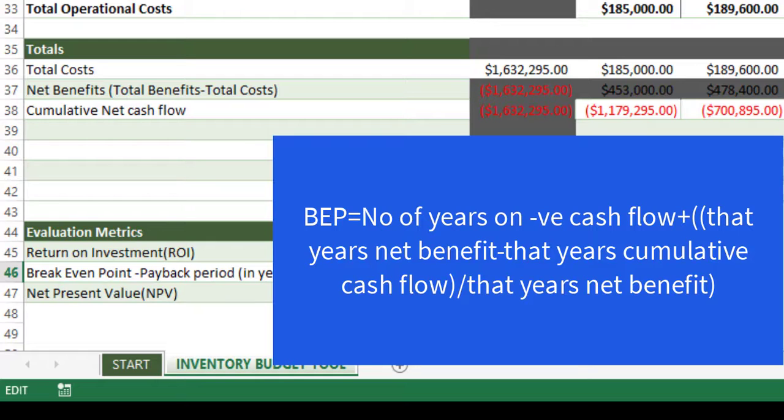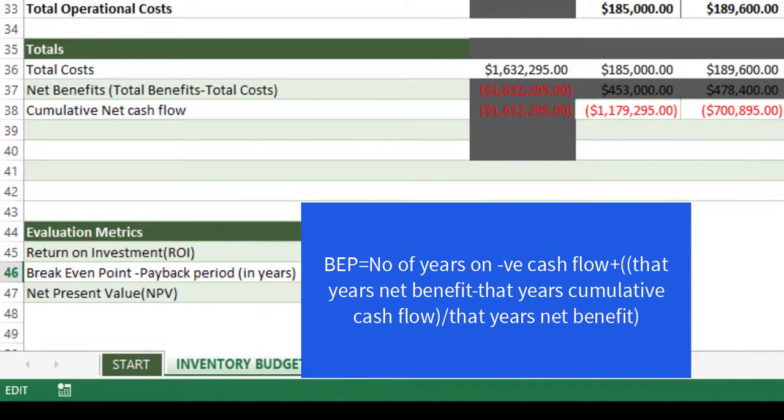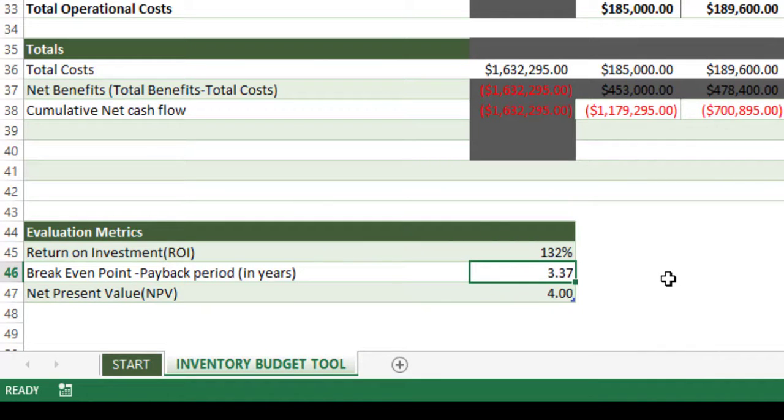Because we want to determine between year 3 and year 4, when specifically did we move from negative to positive. And when we press enter, I need to change that to a number. So it's going to be 3.37 years.